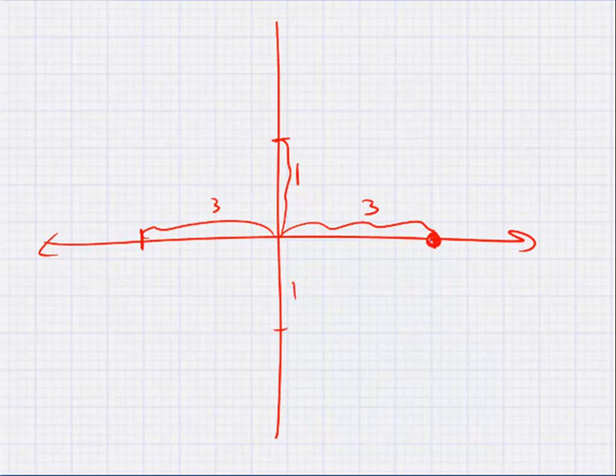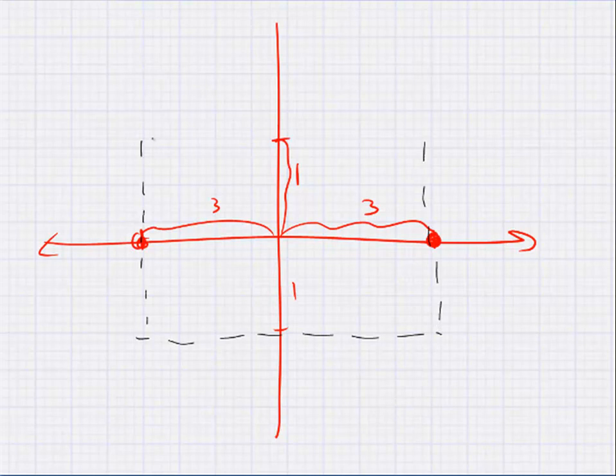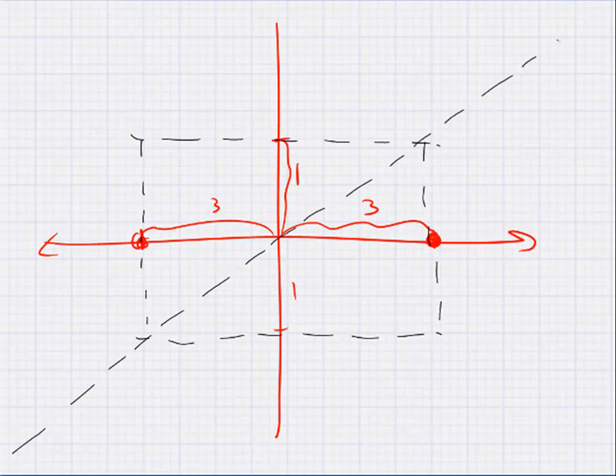So there's my vertices. Here is my asymptote box. The diagonals of this box are my slant asymptotes. They should go straight through the center.